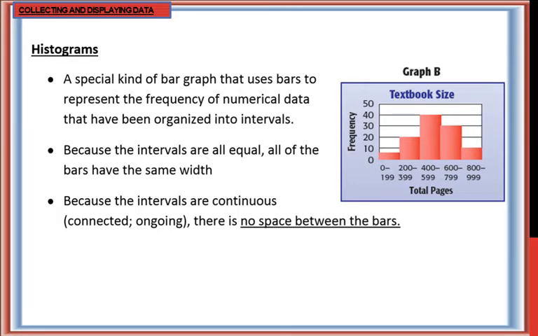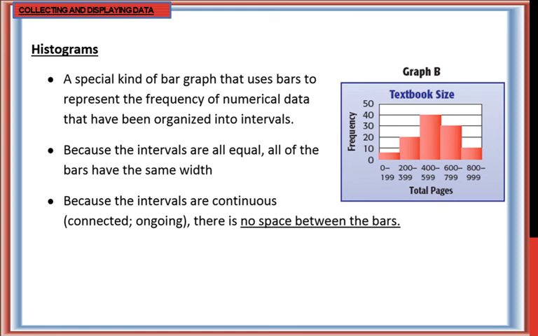Here you have a histogram, a special kind of bar graph that uses bars to represent the frequency of numerical data that have been organized into intervals. Because the intervals are all equal, all of the bars have the same width. Here the intervals are continuous.